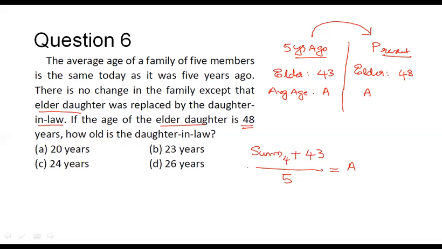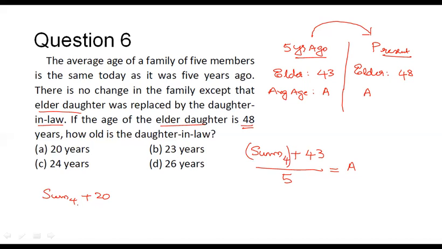Now, when we are considering the present situation, these 4 members are there in the family. So their sum of the ages corresponds to sum 4, this value, plus we have to add 20 to this, because when we consider a 5-year span, for every member, these 4 people, every year the age increases by 1.